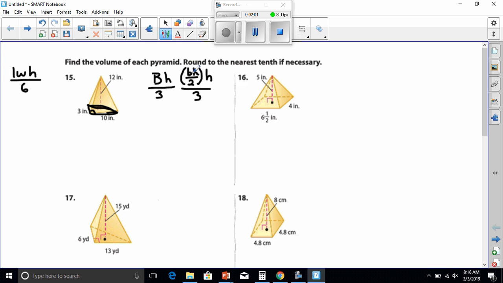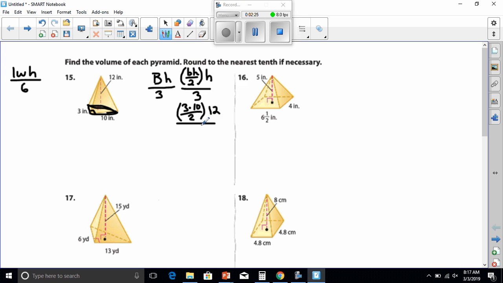If I did this, my base times my height, well, that would be 3 times 10. So I would have 3 times 10 divided by 2. I'd be multiplying it to my height, which is 12.